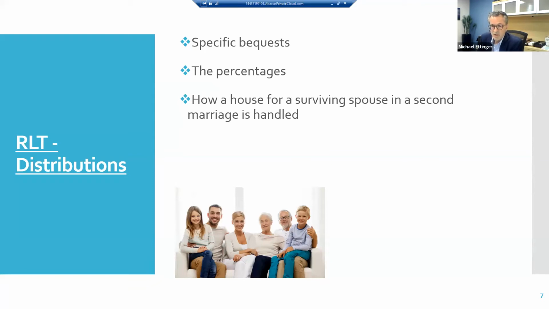Well, this puts the wife on the horns of a dilemma. If husband dies and she finds the house is too much to handle, if she sells the house, she only gets half the money, may not be enough to buy a condo or another place. If she keeps the house, she's in a place where she doesn't want to be and managing a house that is too much for her to handle. So we don't like to put the wife, it could be the husband, of course, in this dilemma.